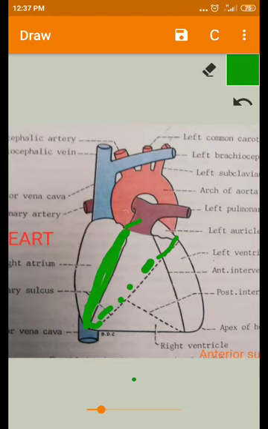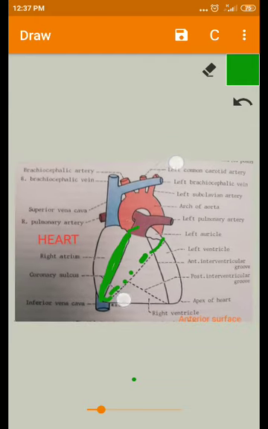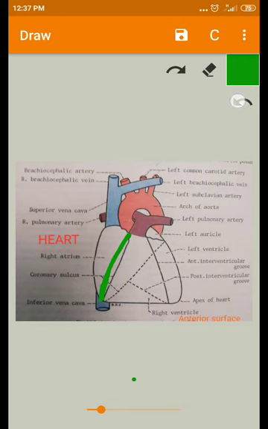It is a circular groove separating the atria from the ventricles. This sulcus is overlapped anteriorly by the arch of aorta and the pulmonary trunk.